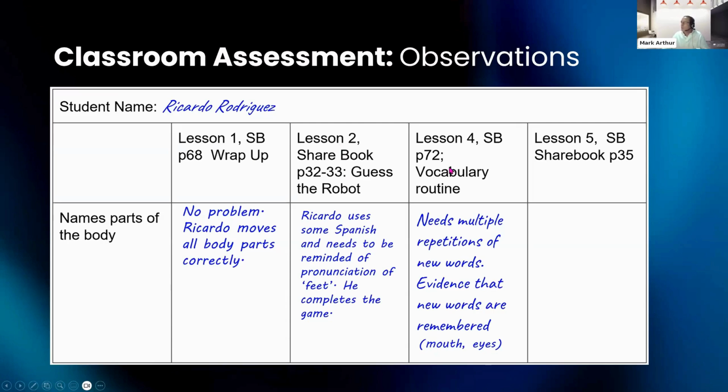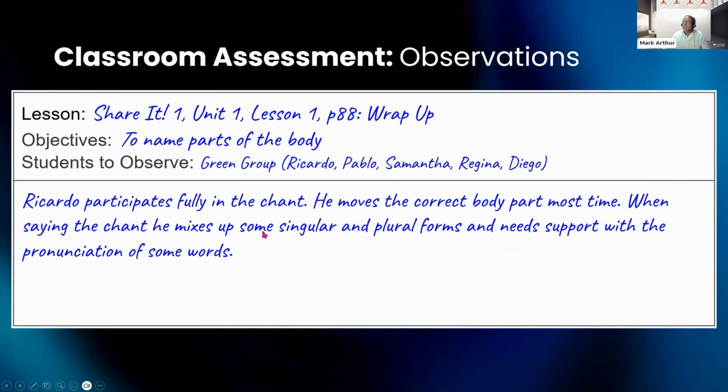There's a vocabulary routine in Lesson 4, and there's a share book activity in Lesson 5. As I work through those lessons with my students, I make notes on Ricardo's performance and complete my table. You can do it like this as a table, or it could be more open-ended, like what we have here. So I'm focusing on Lesson 1, Unit 1 on page 88, and the objective is to name body parts.